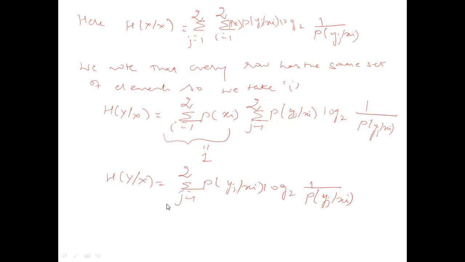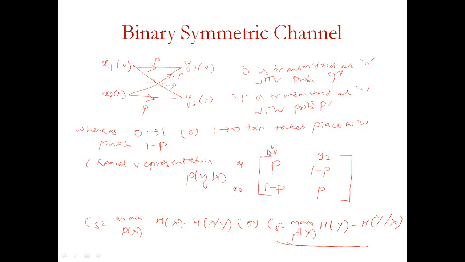This is actually a constant, and can be written as small h, because it is no more a variable. It is not going to vary with any other value. You can see here yj given xi, for any row, for any column, this is p log base 2 of 1 by p plus 1 minus p log base 2 of 1 divided by 1 minus p.